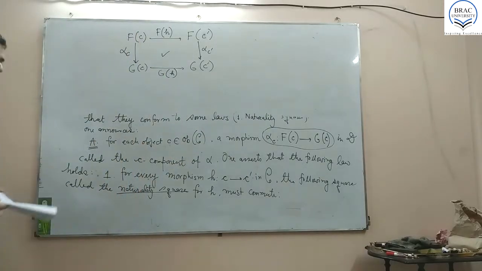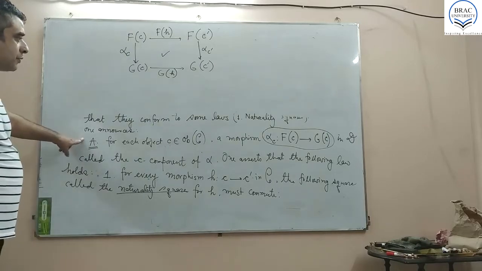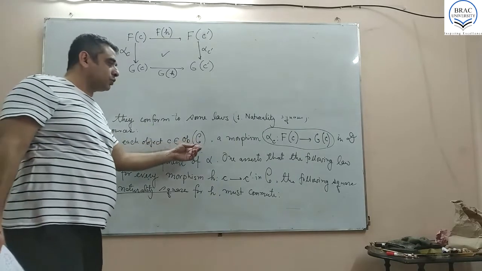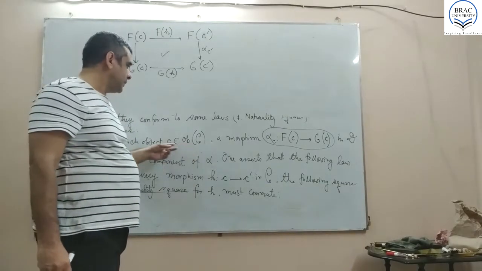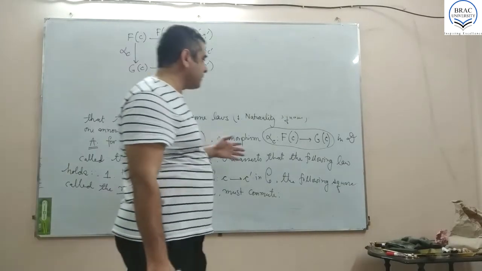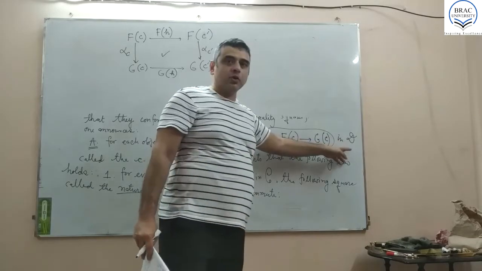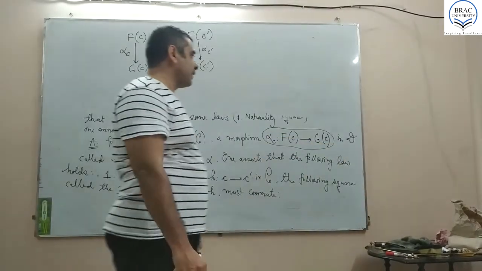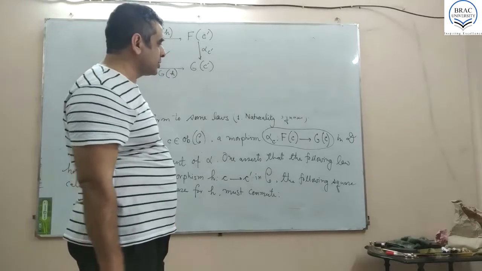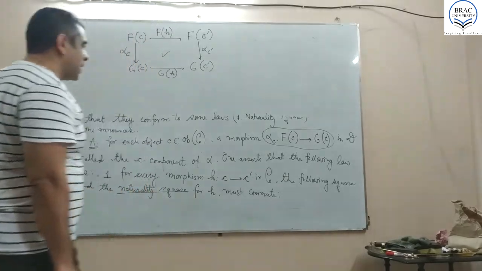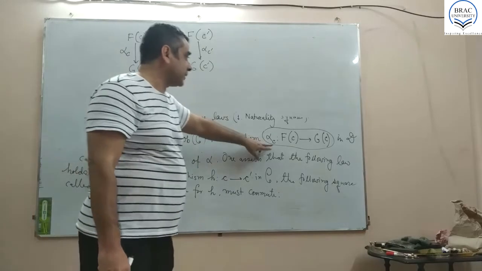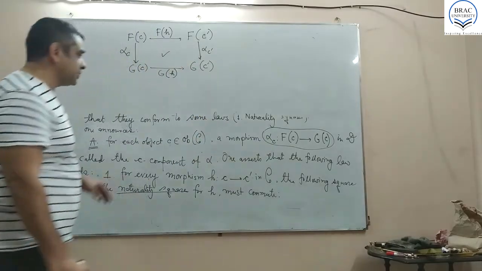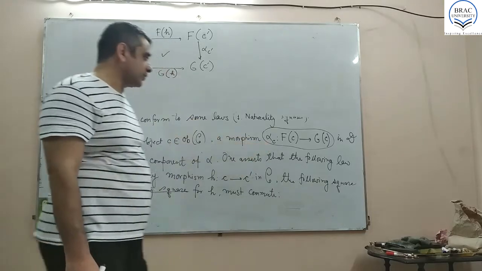So, okay, let's go over the definition again. For each object in the domain category of the two functors, we must have a morphism in the codomain category of the two functors. And these are the constituent parts. This is called the C component of the natural transformation.